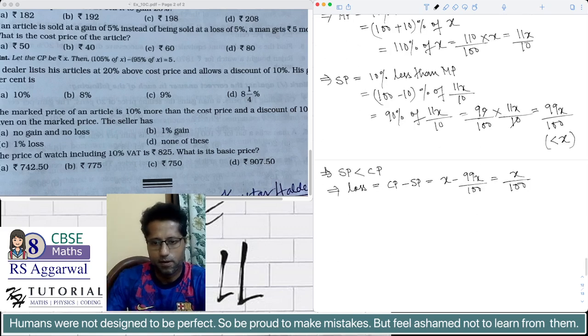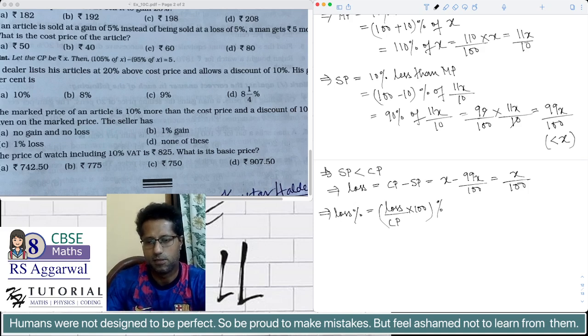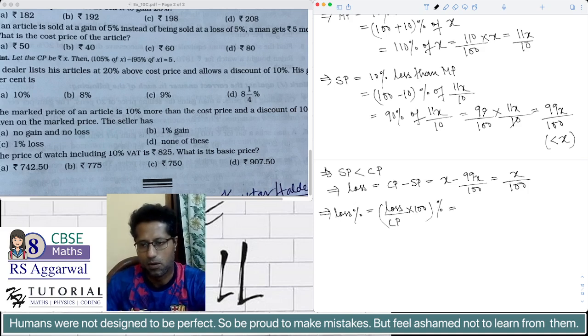So we have to find the loss percent. Loss percent is loss divided by CP multiplied by 100, this much percentage. This is equal to loss x by 100, CP is x, multiplied by 100 percent.